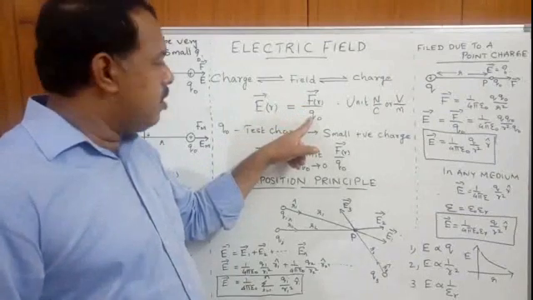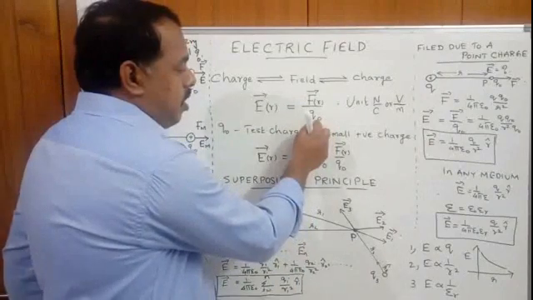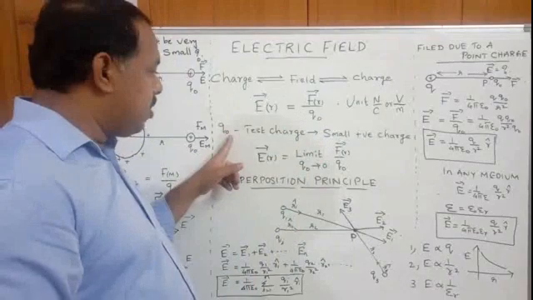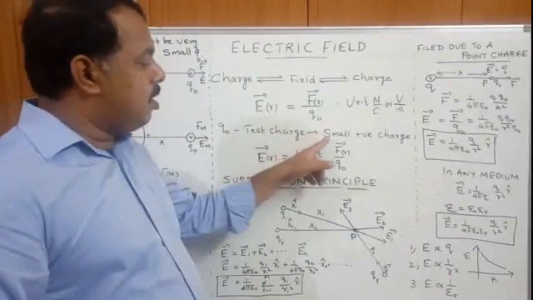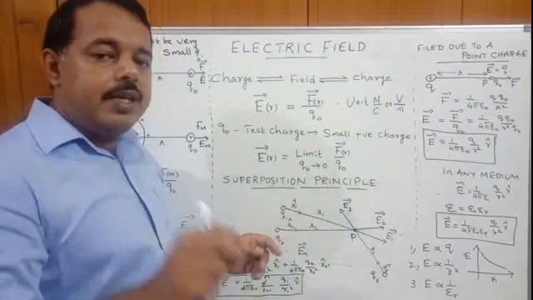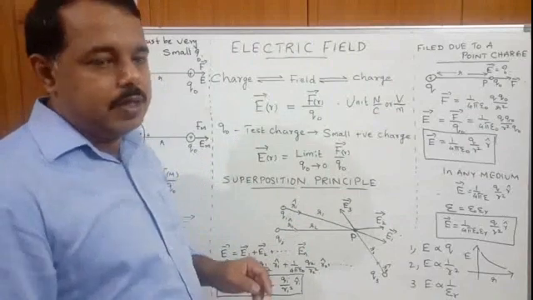The name given for this particular charge is test charge. Usually it is denoted by Q0. Test charge is nothing but a small positive charge. So electric field at any point is the electrostatic force per unit charge at that point.